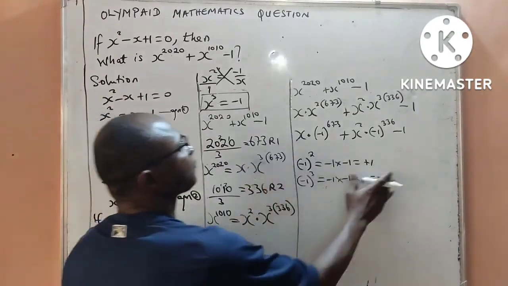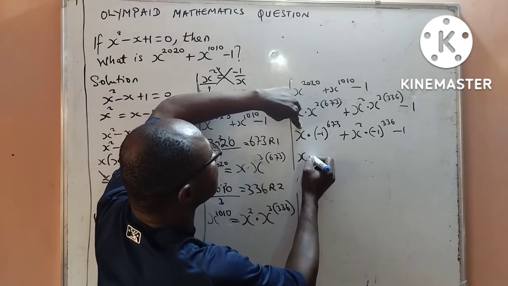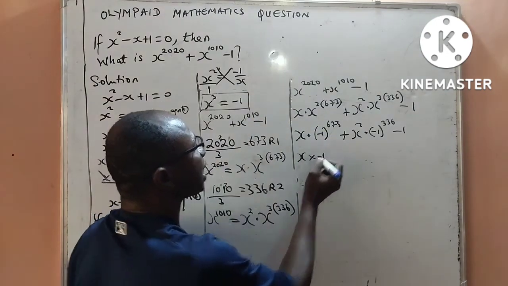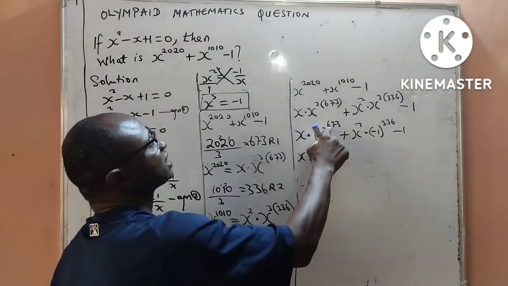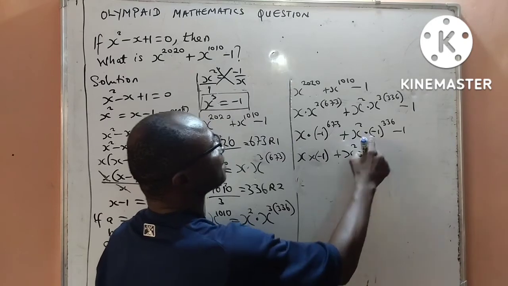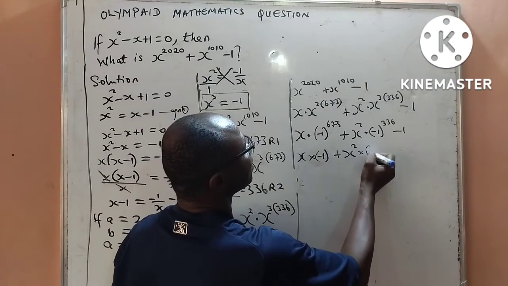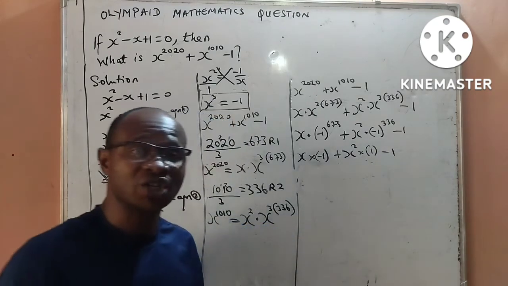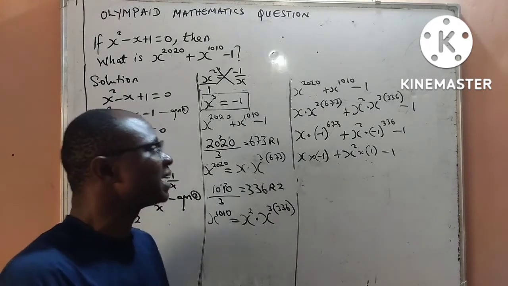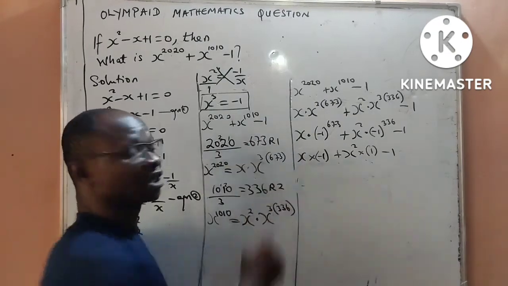Therefore, going by that, I am going to have here x times minus 1. Why? Because 673 is an odd number. Plus x raised to power 2 times minus 1 raised to power 336 is going to give me positive 1, minus 1. Because any negative 1 raised to power even number will give us positive 1, and any negative 1 raised to power odd number will give us negative 1.